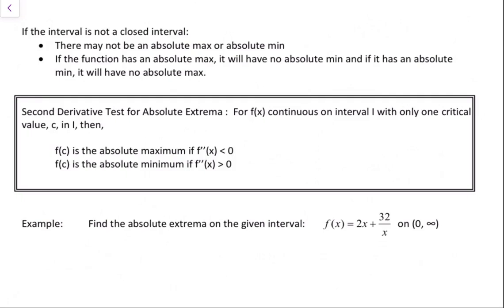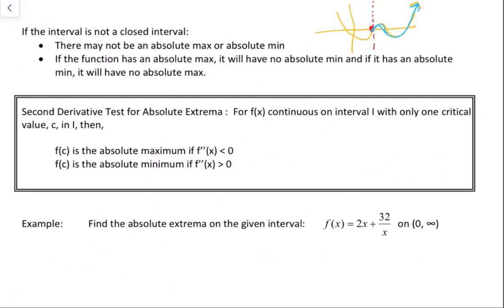So if you think about what that looks like graphically, if I consider the graph of a function, I'll just kind of draw the same thing we had before, only this time when I'm considering the interval, I'm going to kind of chop off the endpoint here, but I'm going to leave the other endpoint open. So the portion of the curve that I might be looking at would start here and then go on forever in that direction.